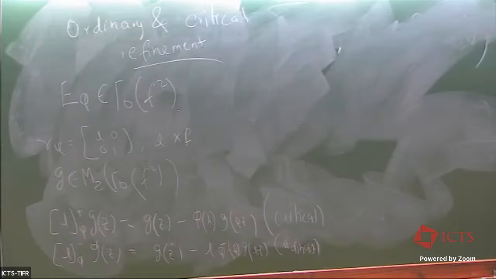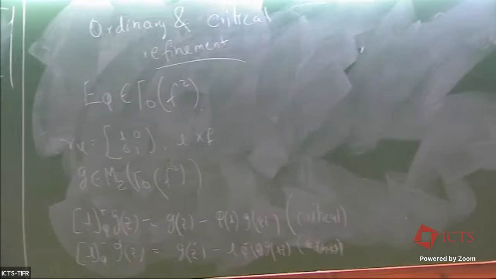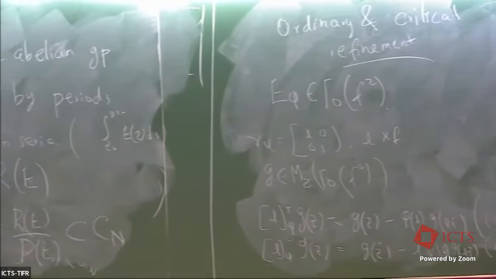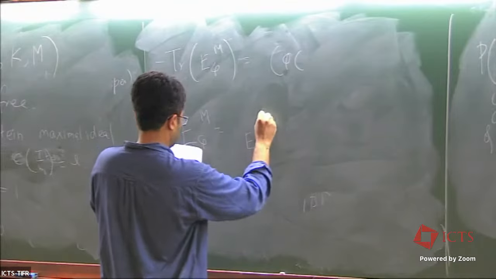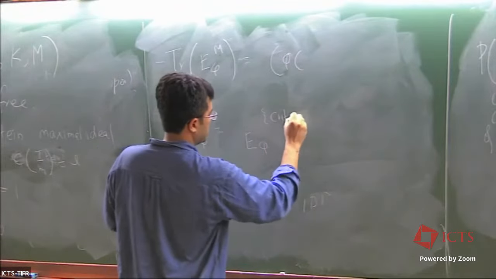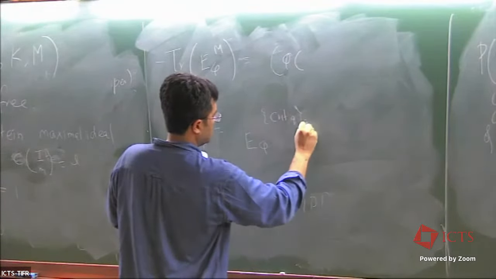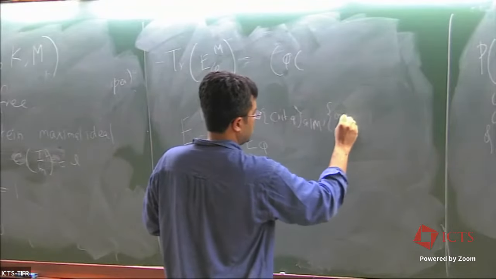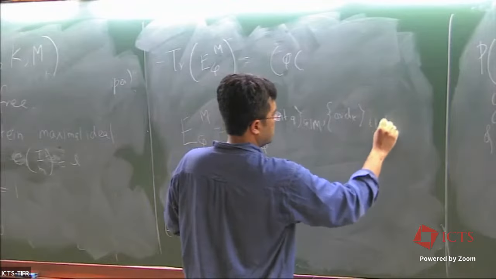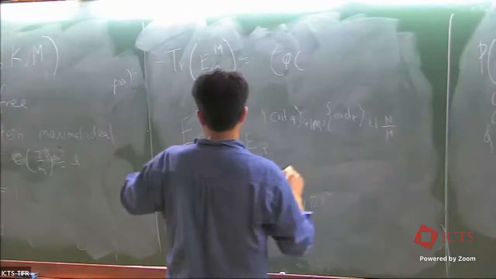So this is E_phi of m, an operator. This is critical at q, with q dividing m, and ordinary at t dividing n by m. This is my notation.